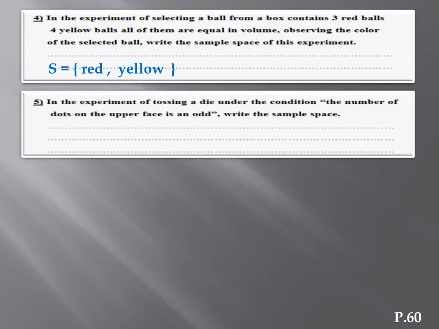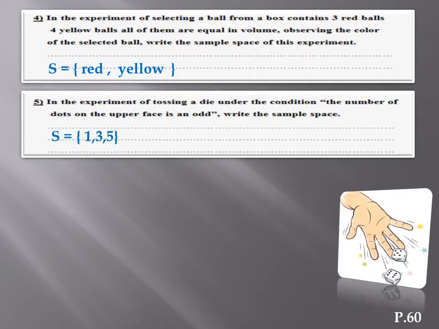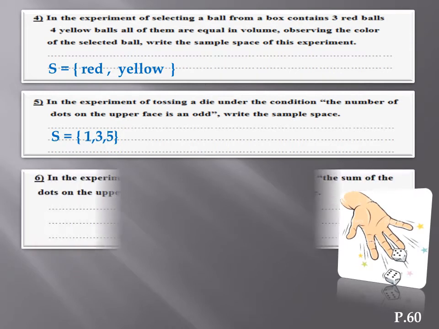In the experiment of tossing a die, under the condition that the number of dots on the upper face is an odd number, write the sample space. I need to write the odd numbers on the upper face of a die. The sample space will equal 1, 3, and 5.